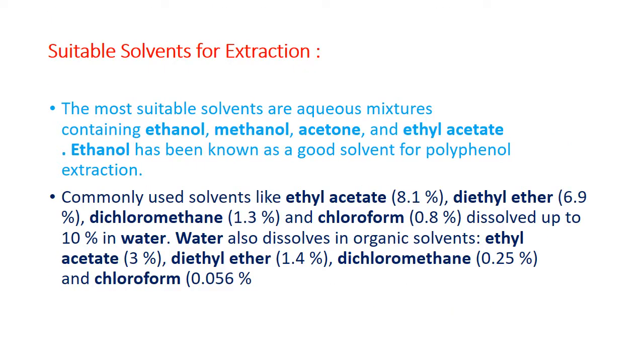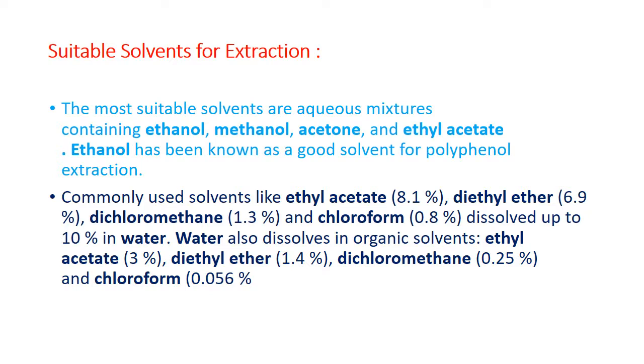Here some examples of suitable solvents are given: ethanol, methanol, acetone, ethyl acetate. All these are polar solvents. These are good solvents for polyphenol extraction. Commonly used solvents like ethyl acetate, diethyl ether, dichloromethane, chloroform dissolve up to 10% in water.